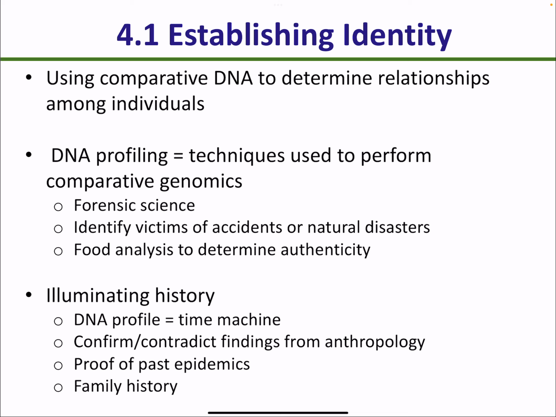Nowadays, we can do food analysis and determine authenticity of the food. For instance, there was a batch of meat in the US that was thought to be cow meat, beef, right? But genetic analysis showed that the restaurant that was presenting cow meat as cow meat was not cow meat, but was rather horse meat, right?